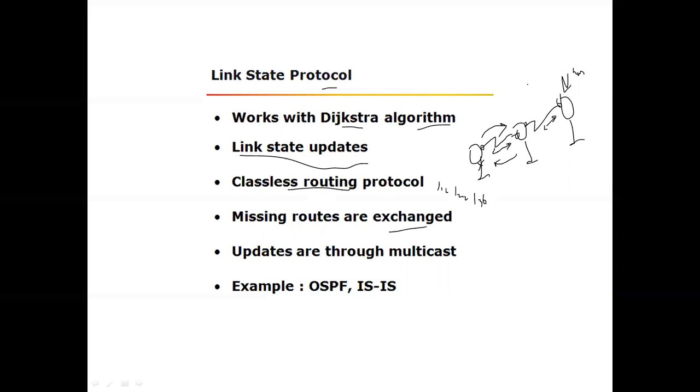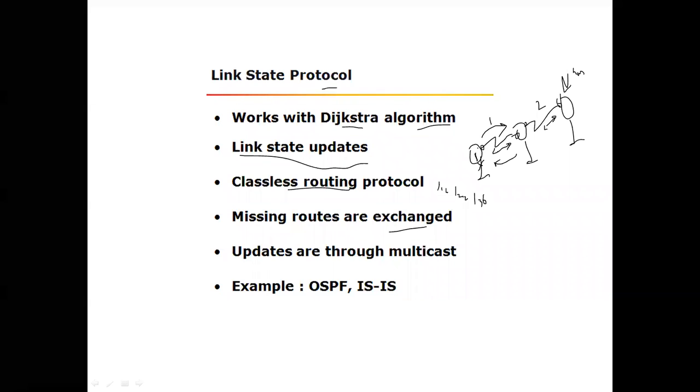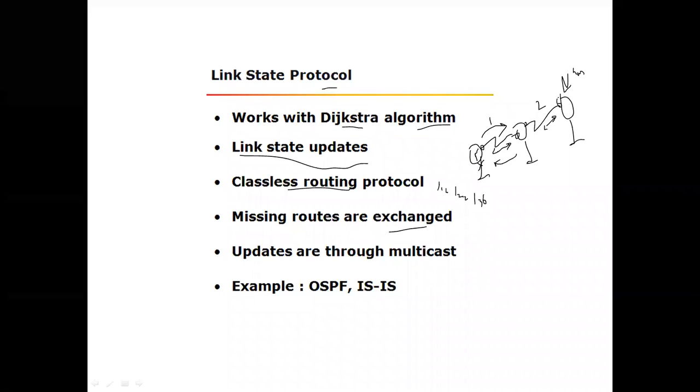If this is network one and this is network two, when the India router exchanges its routing table and the UK router exchanges with the US router, they say, oh, US router, you just don't have this network. So only the missing routes will be exchanged.